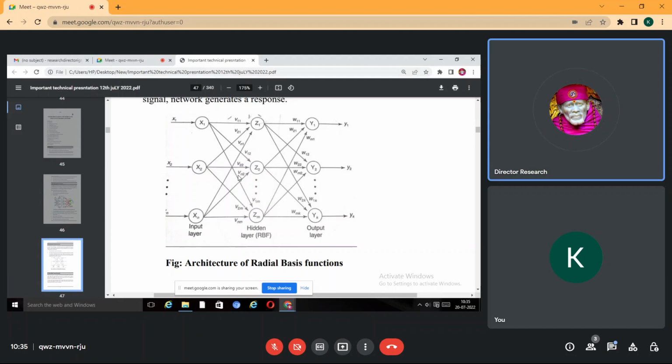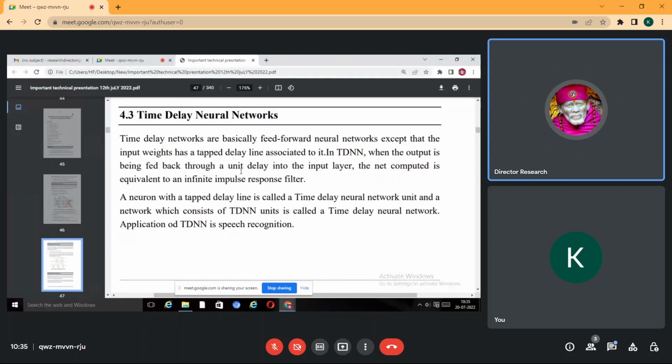Time delay networks are basically feed forward neural networks, except the input weights have a tapped delay line. In time delay neural networks, output is fed back through a unit delay into the input layer.